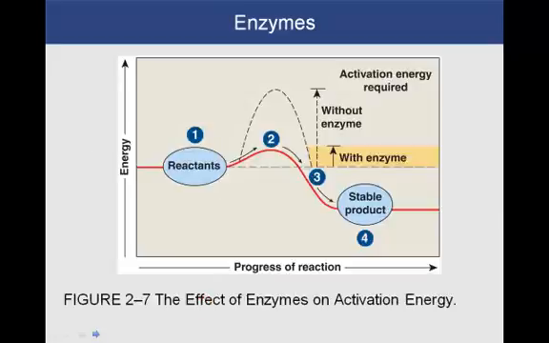This is a figure from your textbook, figure 2-7, that shows the amount of energy required for activation of a chemical reaction, with and without an enzyme. If you look at it, look at the amount of energy from here all the way up to here that should be absorbed or needs to be absorbed by the reactants for that chemical reaction to take place without an enzyme.